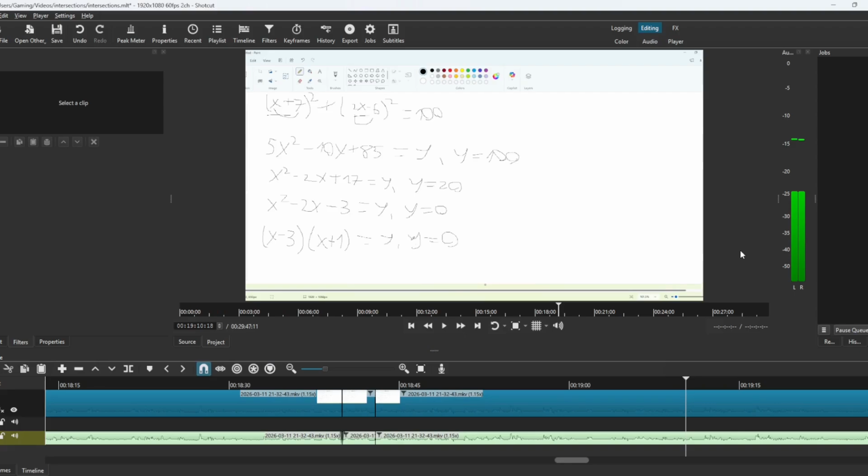A quick editor's note: the reason you can split these into two different equations and do x minus 3 equals 0 and x plus 1 equals 0 is because of how it works through the lens of intersections. If you have two functions multiplied by each other and I set them equal to 0, I can divide both sides by one of the functions in all of the points where that function's value is non-zero.